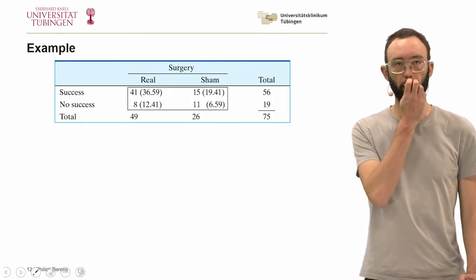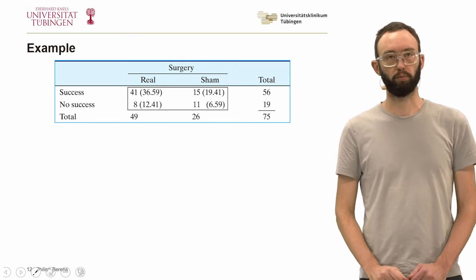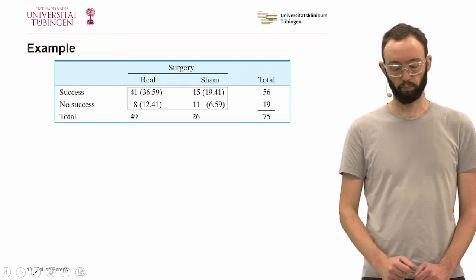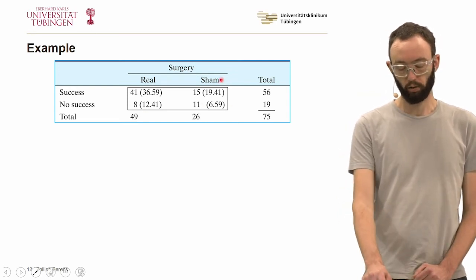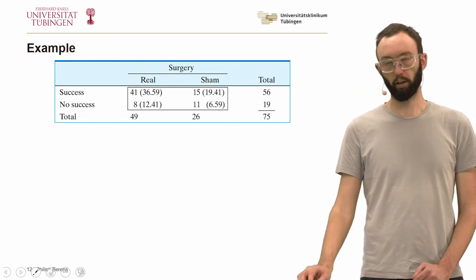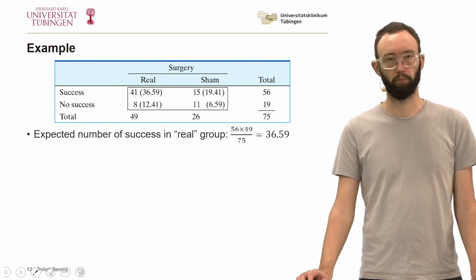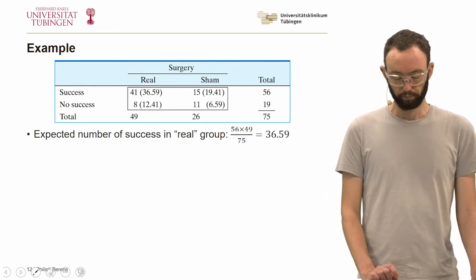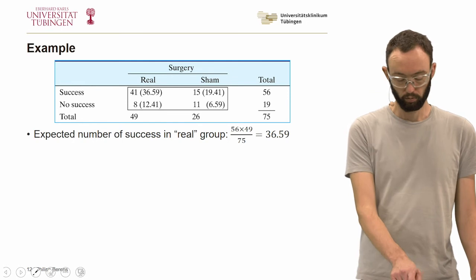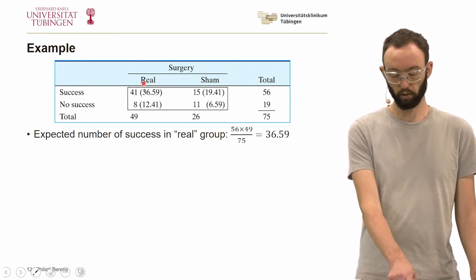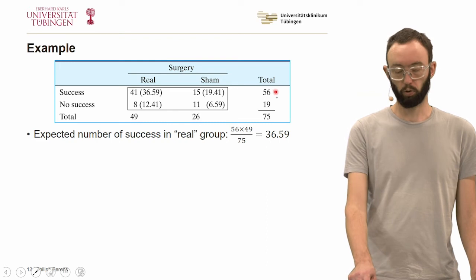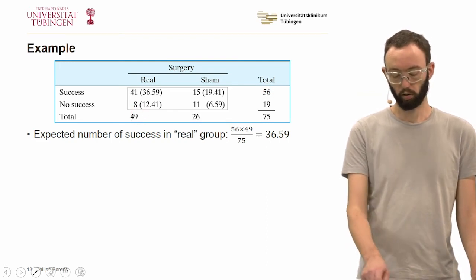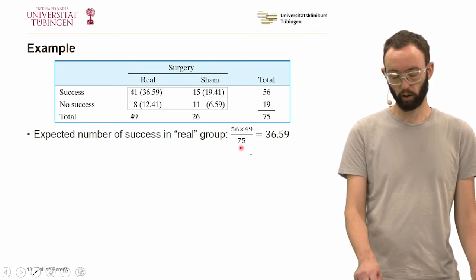Let's look at an example to make this more concrete. So again, we would like to know whether our real surgery is more effective than the sham surgery. Here I've already provided the solutions for the expected counts, but let's look at how we actually computed them. So the expected number of successes in the real group, this cell here, is the row total, 56, times the column total, 59, divided by the overall total, 75.